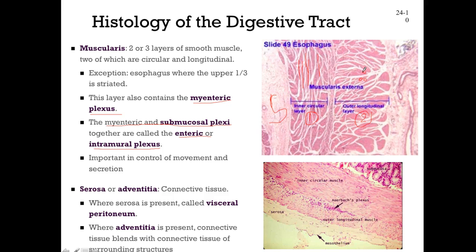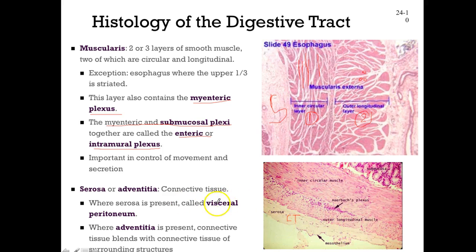And our fourth and final layer is the serosa or the adventitia. And once again, this is made up of connective tissue, and that's what we're seeing down here. This one is a serosa. And when we see that serosa present, this is called the visceral peritoneum.